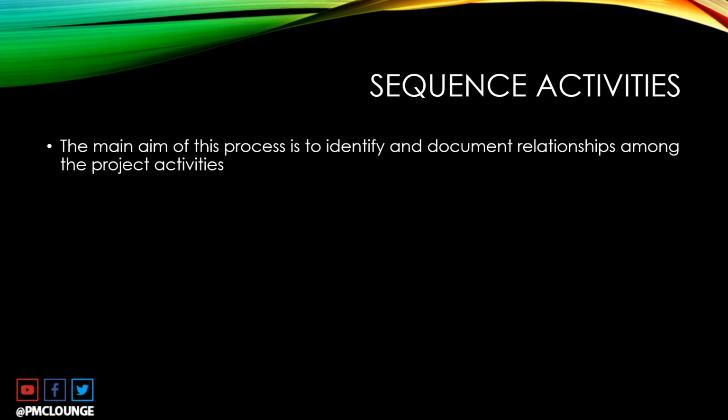To identify them, to document them, that is the main aim of the sequence activities process. When we say relationship, it basically means dependencies. What kind of dependencies do different project activities have amongst themselves? You need to identify them and document them.